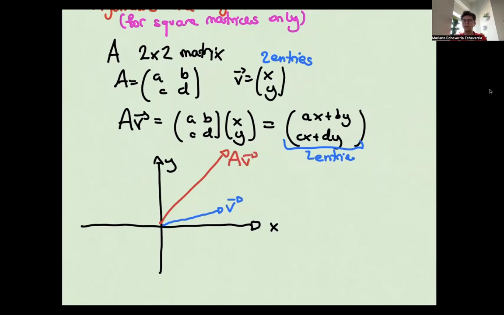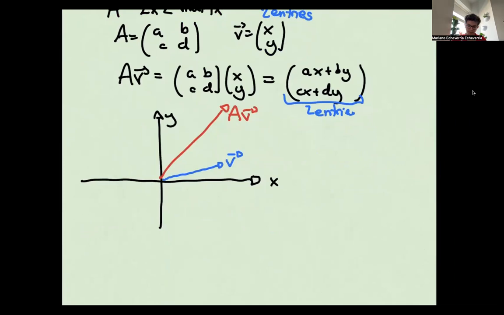In general, what happens is that the vectors V and A times V are not on the same line. So typically V and AV are two vectors on different lines, or are two vectors which are not parallel.